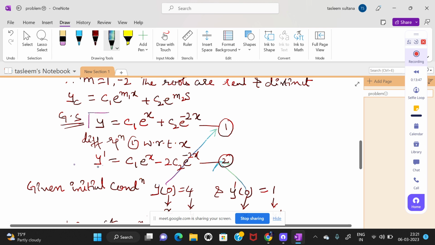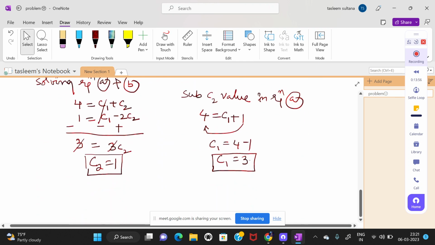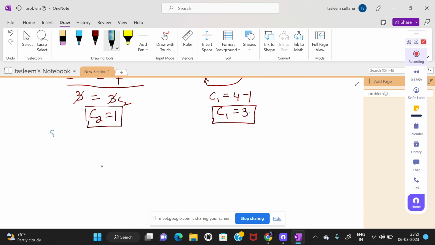Substituting the C1 and C2 values in equation number 1, y equals C1 e to the power of x plus C2 e to the power of 2x.